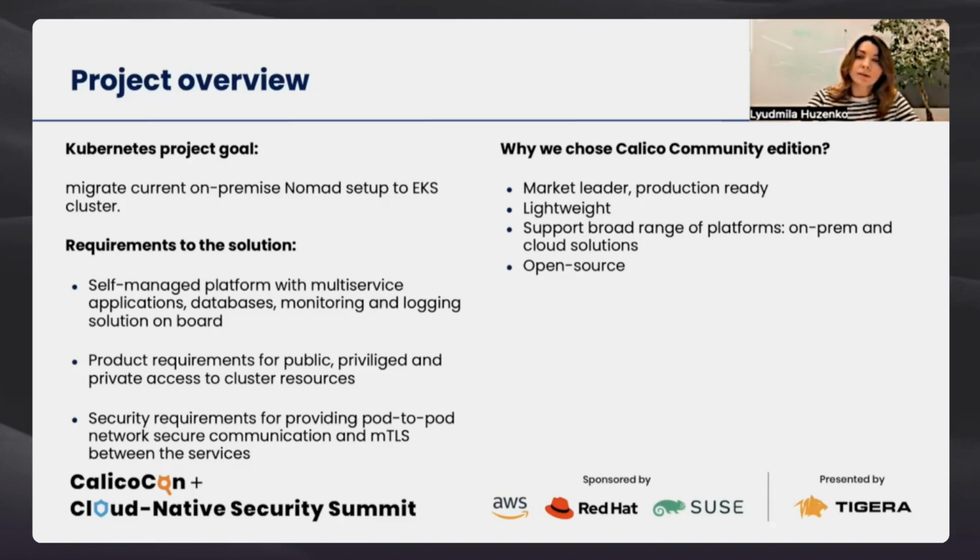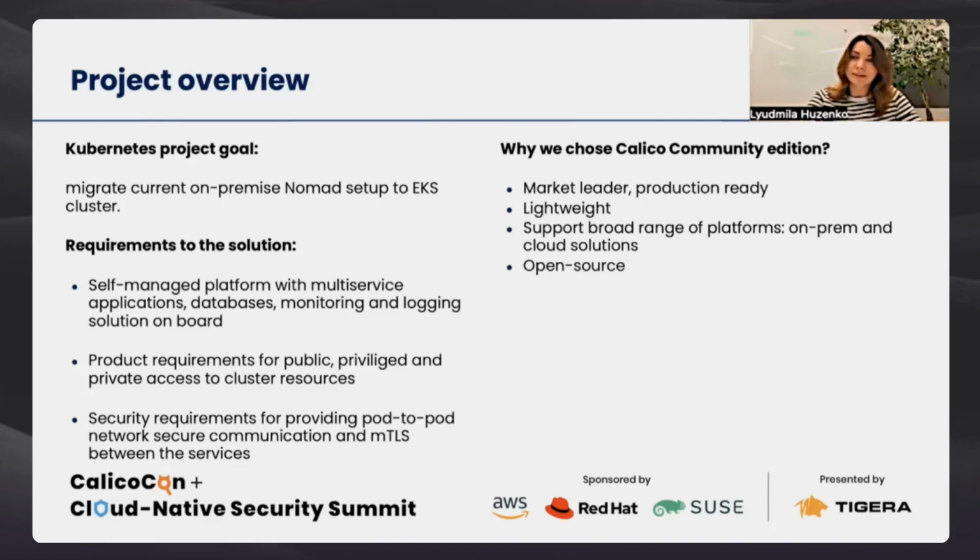Also, an important thing was that it supports a broad range of platforms, both on-prem and cloud solutions, as the second stage of our project is to provide the same solution to our on-prem Kubernetes environment. And last but not least, Calico OSS is an open source solution. Although I have already given a spoiler that we are not using the Calico open source solution and we are using Calico Cloud, it's still an advantage of the Calico OSS product.